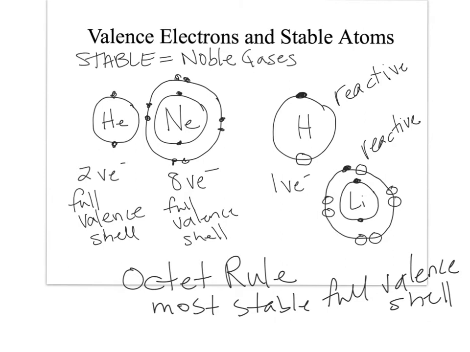But most shells after that first shell hold 8. So that's where that octet comes from. It takes 8 valence electrons to fill a shell, unless of course we're talking about the first valence shell, which can only hold 2. But the octet rule tells us that in order to be stable, an atom wants to have a full valence shell of electrons.